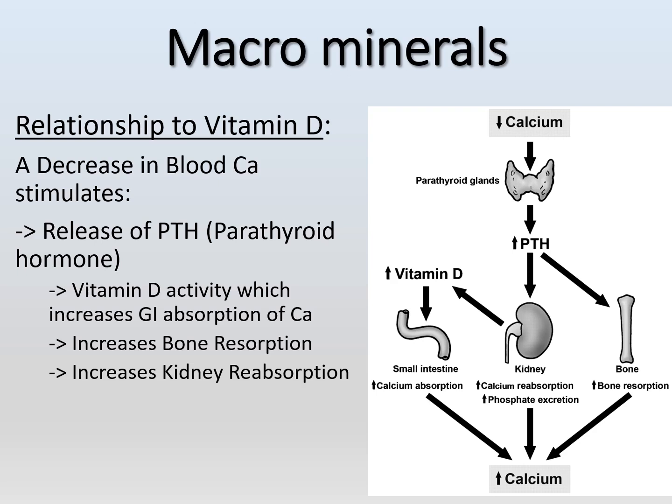What it's going to activate is it's going to increase our absorption of calcium in the GI. And that's where vitamin D comes into play. So vitamin D, the active form of vitamin D in our body, helps that increase of calcium absorption in the GI tract. So we're going to get more calcium from the GI. We're also going to increase our bone resorption. So bone resorption means that we break down a little bit of the bone to release that calcium into the bloodstream. We're also going to increase our kidney reabsorption.